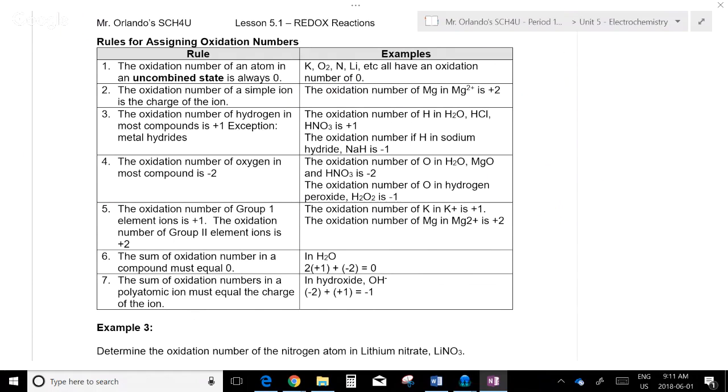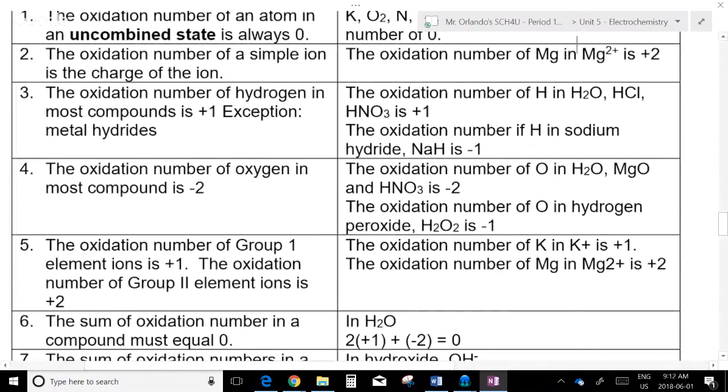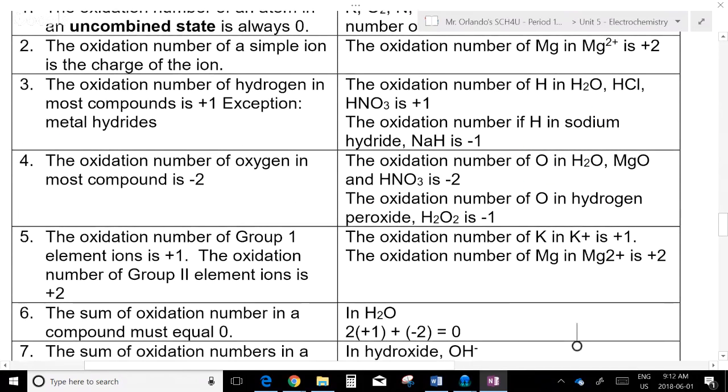Now, in almost every case, hydrogen is given an oxidation number of +1. The only exception is if it is with a metal to form an ionic compound, which the hydrides are not very common, but they do exist. So like sodium hydride, magnesium hydride, things like that.